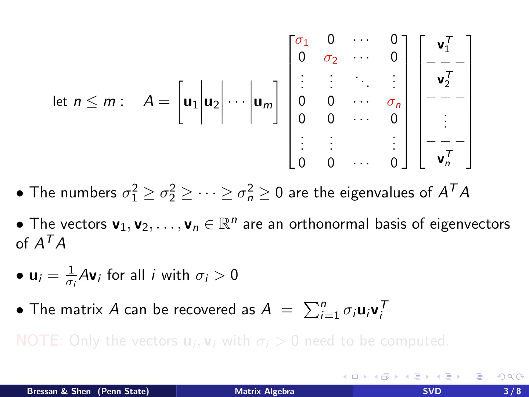So you will have a summation, i from 1 to n, of sigma i times Ui times Vi transpose. One important note is the following. In this summation, you only need to sum over the terms where the sigma i's are strictly bigger than 0. Quite a few of them will be 0, and those you never need to compute.